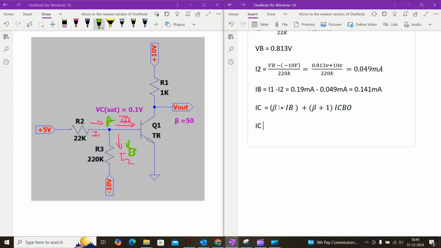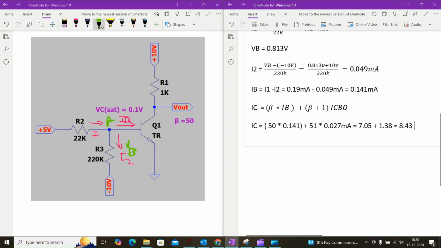So that collector current IC is equal to 50 into 0.141 milliamps plus 51 into 0.027 milliamps, which is equal to 7.05 plus 1.38, which is equal to 8.43 milliamps.